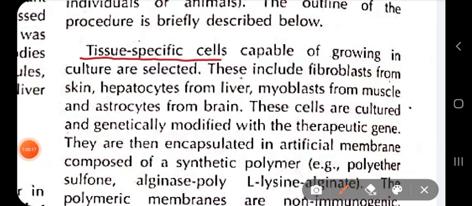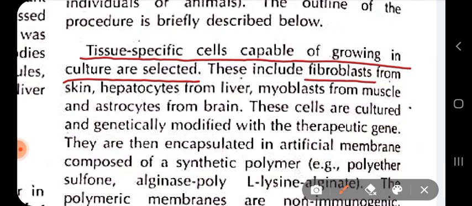Tissue specific cells capable of growing in culture are selected. So the tissue specific cells which can be grown in culture medium within the laboratory are selected, like fibroblast cells from the skin, hepatocytes from the liver, myoblasts from the muscle, and astrocytes from the brain.